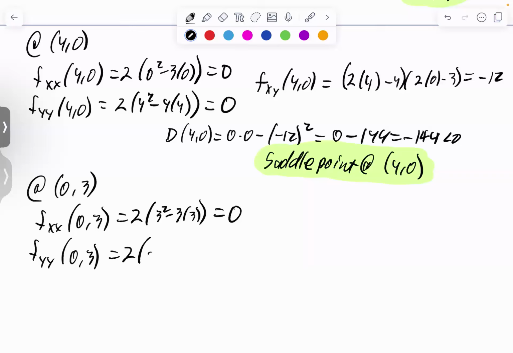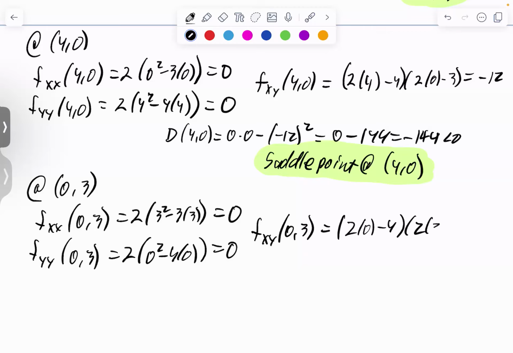We get 2 times 0 squared minus 4 times 0, which again is 0. And here we have 2 times 0 minus 4, and then 2 times 3 minus 3, which gives us negative 4 times 6 minus 3 is 3, again, negative 12.